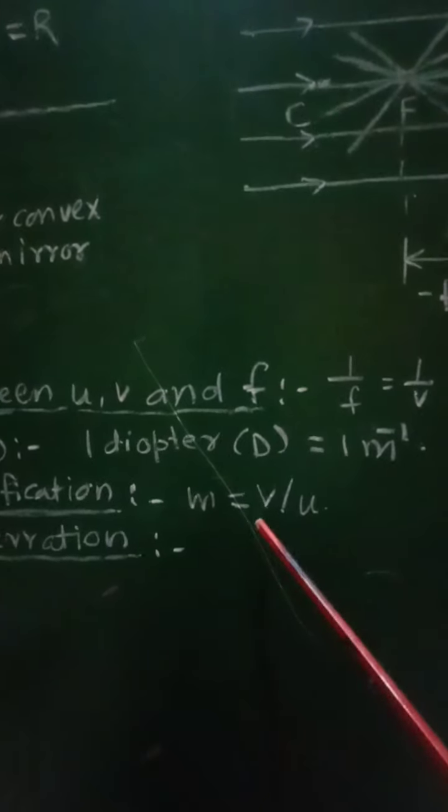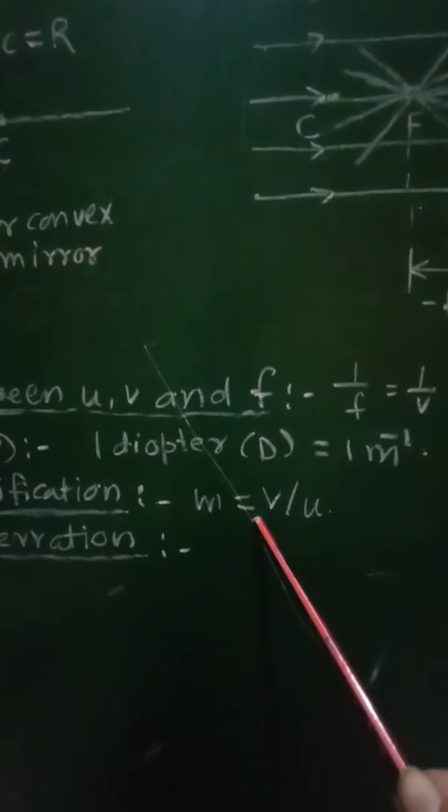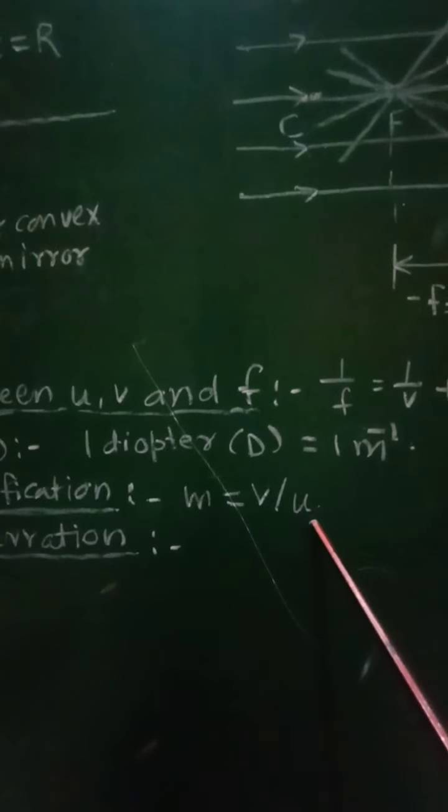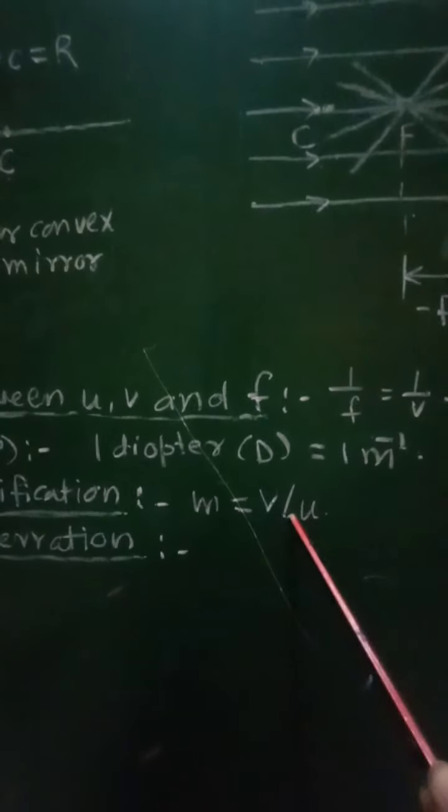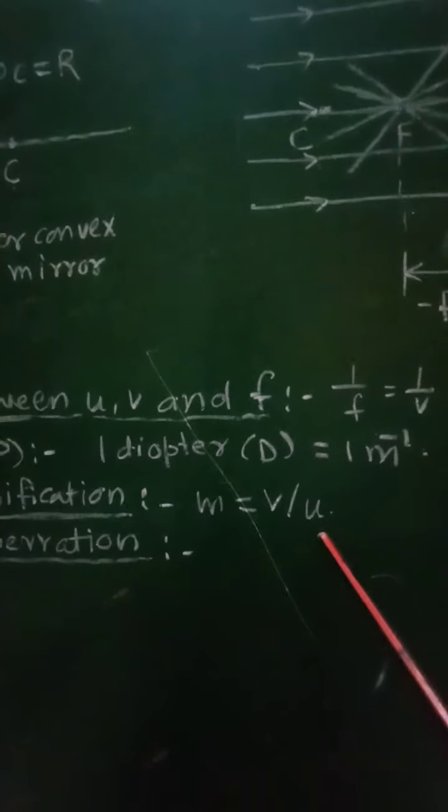That lateral magnification m will be given in terms of image distance and object distance instead of size, that is, m = v/u.